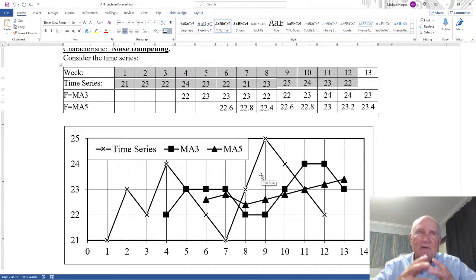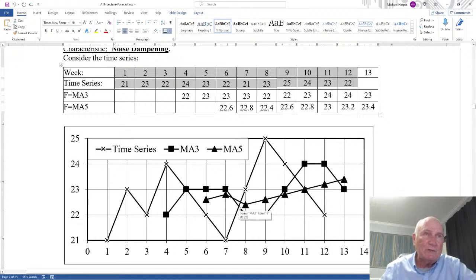If the amplitude increases, the volume gets louder, and as the amplitude decreases, the volume gets softer. So in business forecasting, the amplitude is important because the greater the volatility, the greater the amplitude, the more significant that time series is in your forecasting.